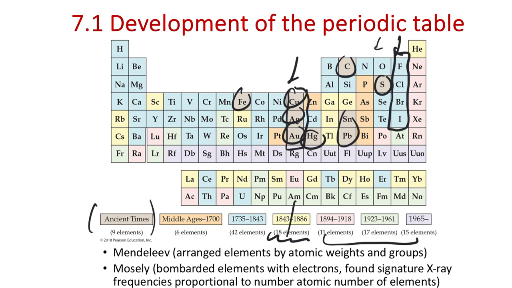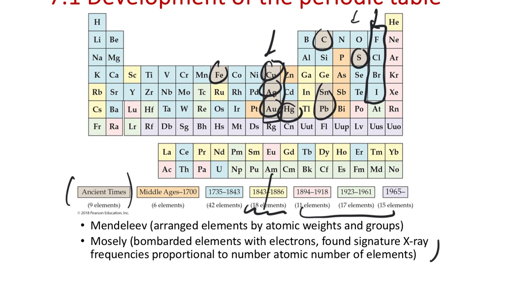This is ultimately how we determined atomic number. Probably not a Jeopardy question because it's a little too intricate, but Moseley would be credited with discovering the atomic number. He saw a signature emerge that was proportional to the number of protons within the nucleus, and this occurred in the late 1800s to the early 1900s.